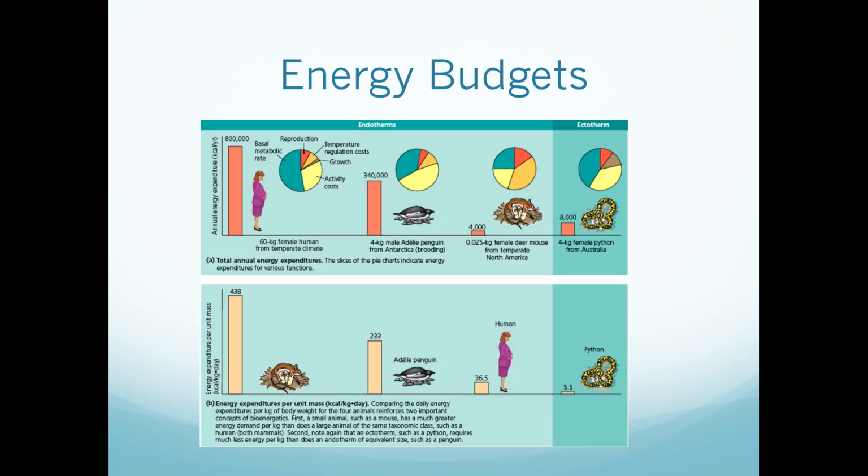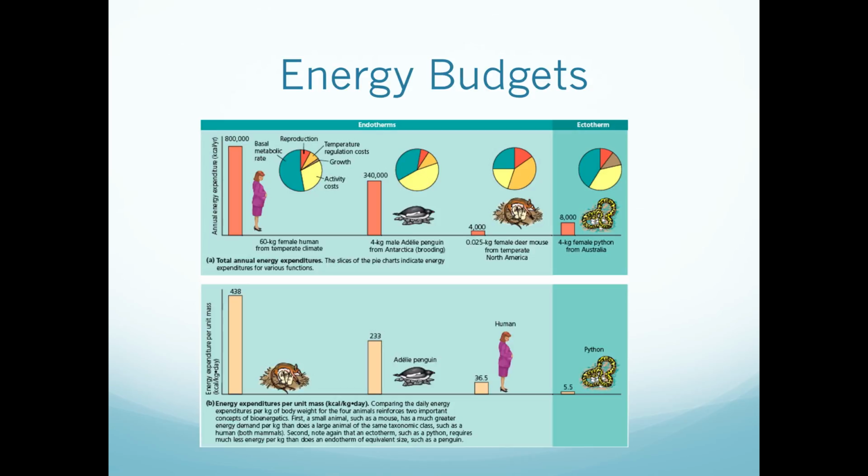If you look at the other endotherms, you have a bird in the middle, so its pie chart looks a little bit different. They have to be much more active and devote a lot more energy there, and they're a lot less at rest at 4 kilograms. Remember, as body size decreases, your activity and metabolic demands are going to increase.